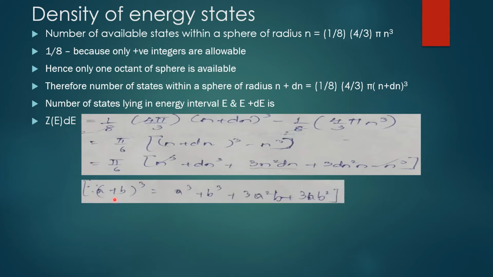Using the formula (a + b)³ = a³ + b³ + 3a²b + 3ab², expand (n + dn)³ as n³ + dn³ + 3n² dn + 3dn² n, minus n³.